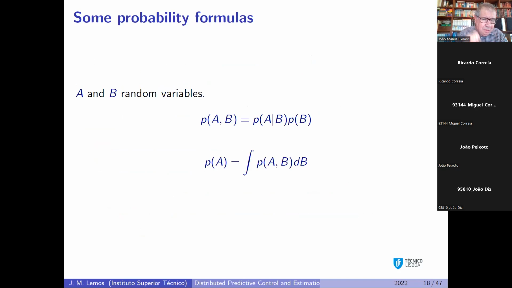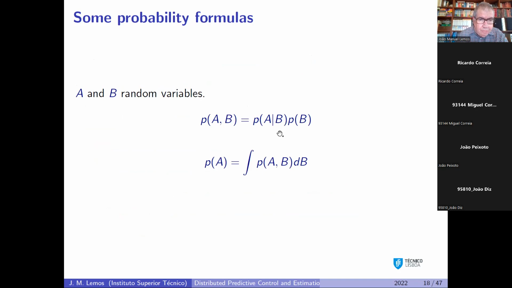Now let me recall also two formulas from probability. One is sometimes called the Bayes law. It's a formula about conditional probability.